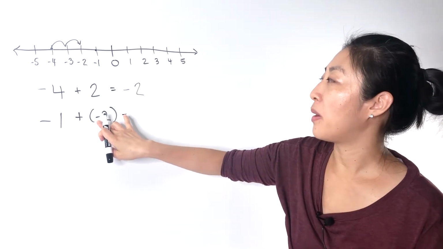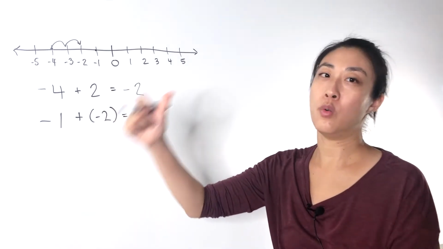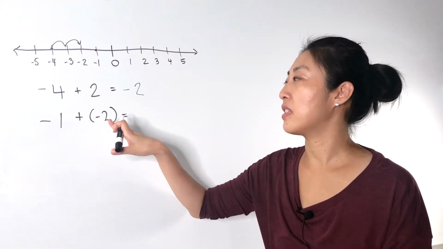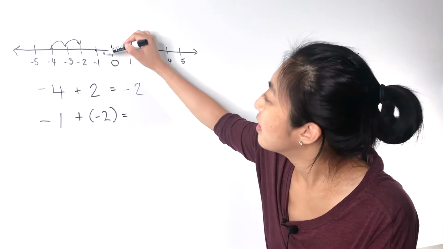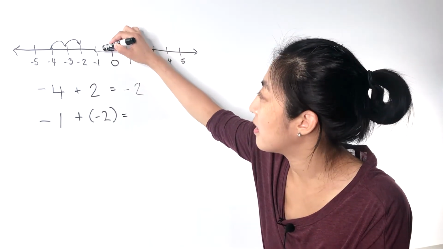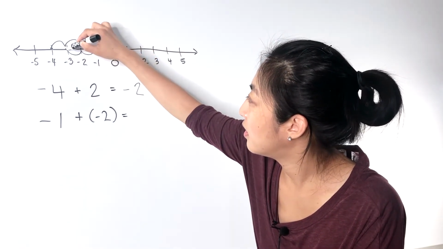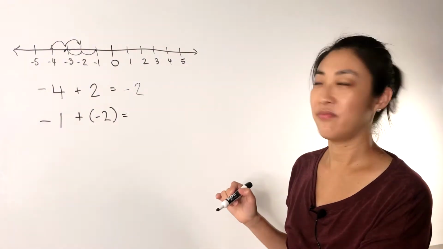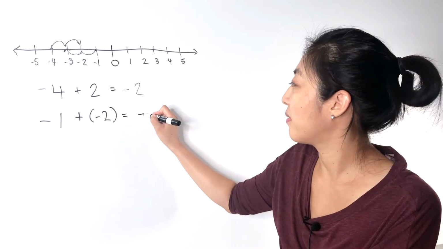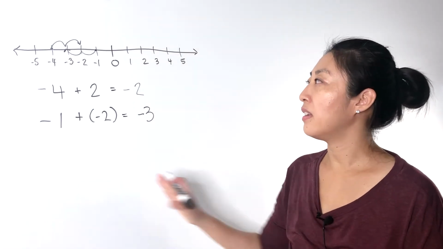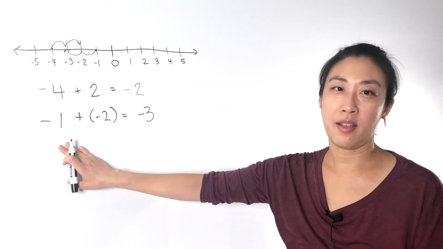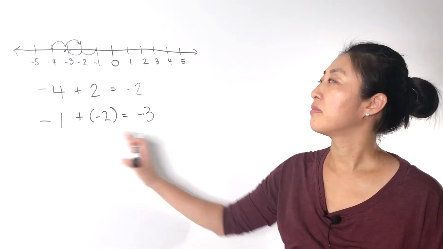Remember, if it's a positive number, we go right on the number line. If it's a negative number, we go left. So we go left 2 spaces. 1, 2. And where do we land? -3. So that's how we use the number line to add and subtract positive and negative numbers.